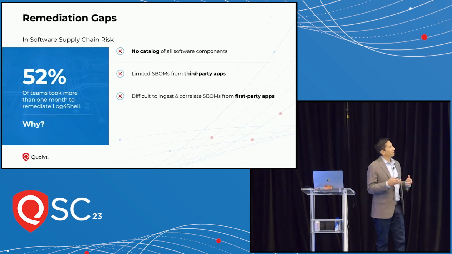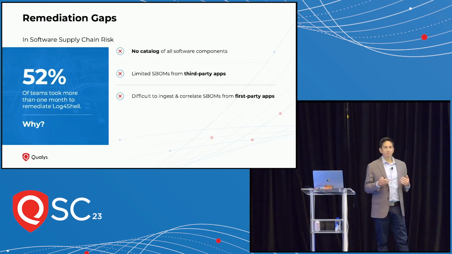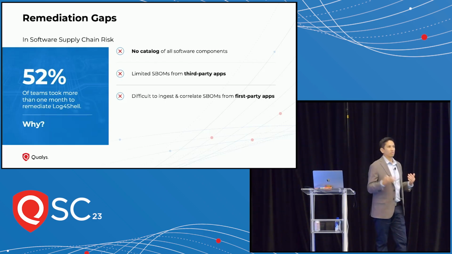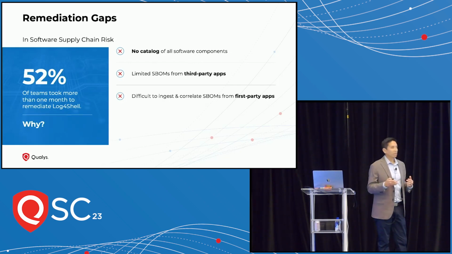And there was, and there's still, very limited SBOMs for third-party applications, third-party software. So it's very difficult to get a hand on the SBOMs. And it's also very difficult to actually operationalize your SBOMs from your DevOps team.